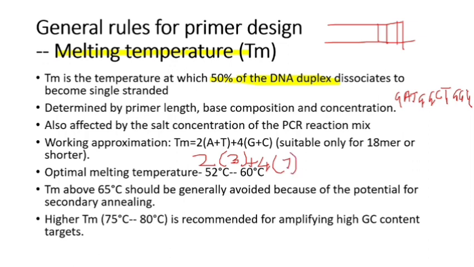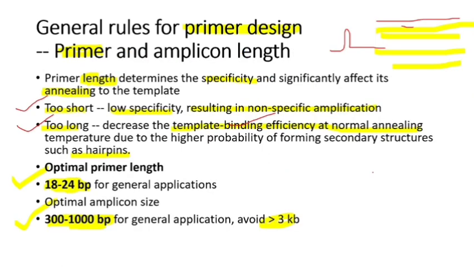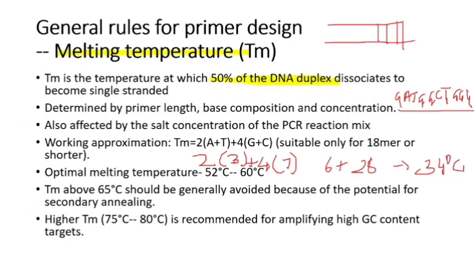So it will be 6 plus 28, which is 34 degrees, the melting temperature for this. It's about 10 nucleotides only. When we calculate for 18 nucleotides, the optimum nucleotide number is 18 to 24, so you will get the correct melting temperature. So this is how we calculate the melting temperature of a particular primer.